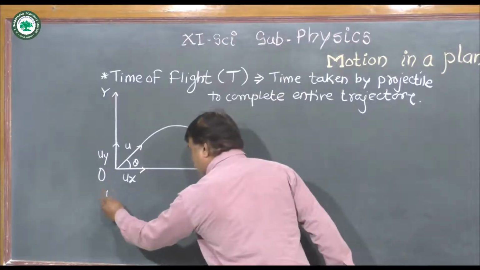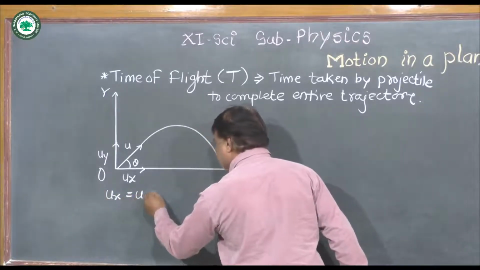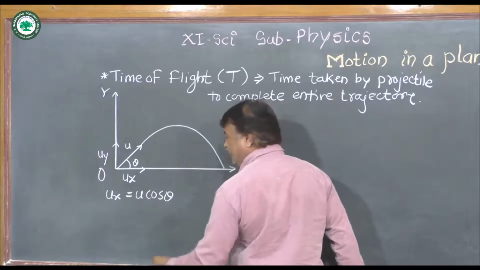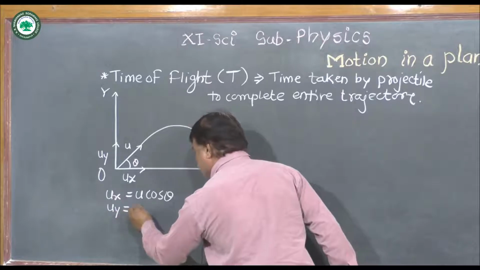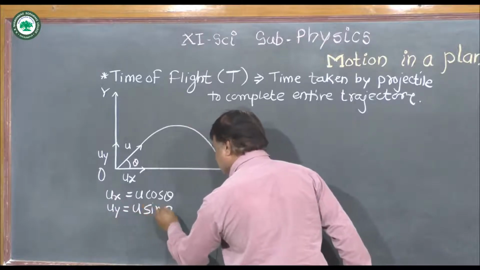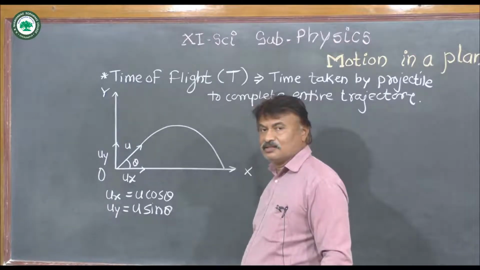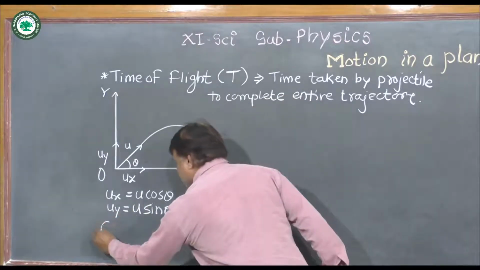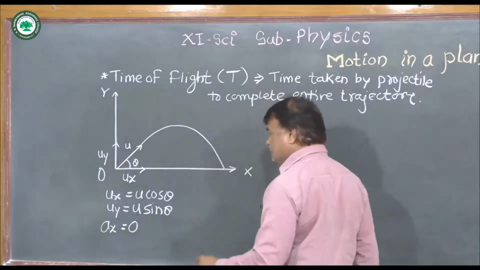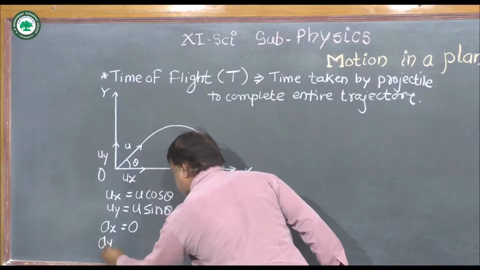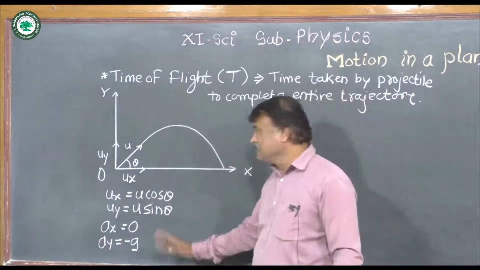The horizontal component of initial velocity is ux equal to u cos theta, and the vertical component of initial velocity is uy equal to u sin theta, which is along the y-axis. Similarly, acceleration along the x-axis is equal to 0, and acceleration along the y-axis is minus g, where g is acceleration due to gravity.